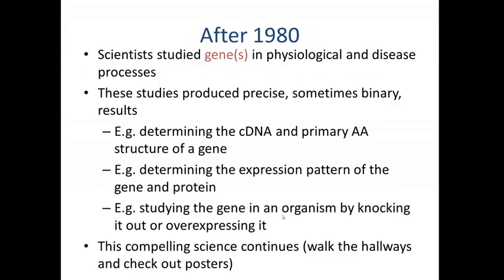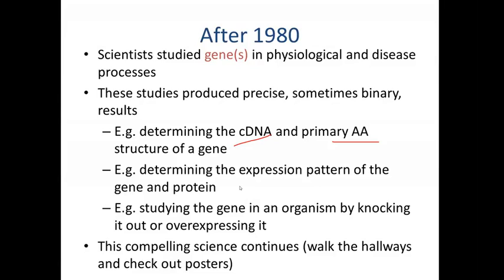But after the advent of molecular biology in 1980, scientists began to pull more towards the study of genes in physiology and disease. These studies produced precise, sometimes binary results, things like determining the cDNA and the primary amino acid structure of a gene. That was a defined binary result. Looking at the expression pattern of a gene could tell you about what it might be doing where and when.